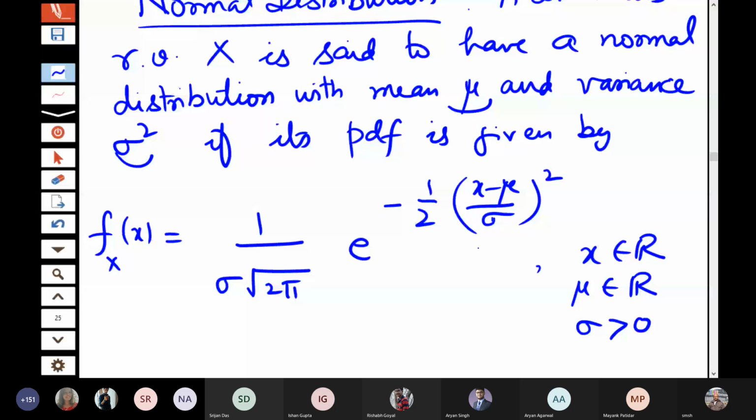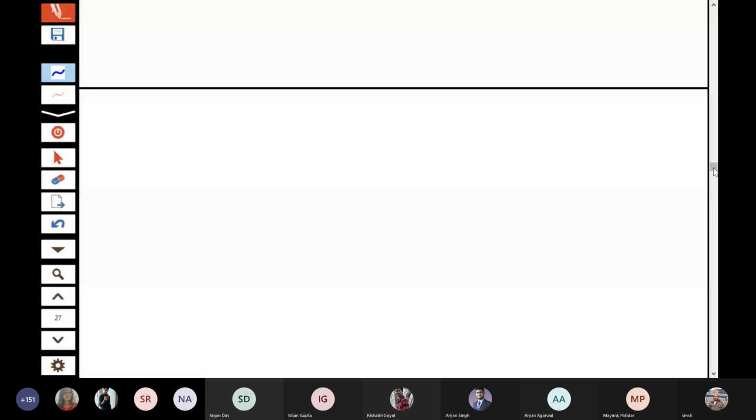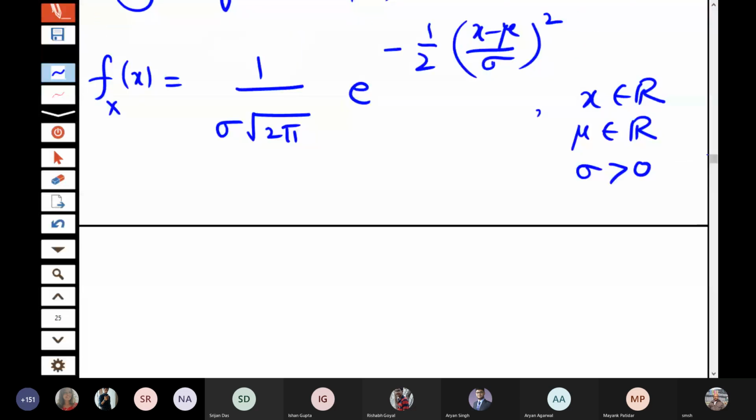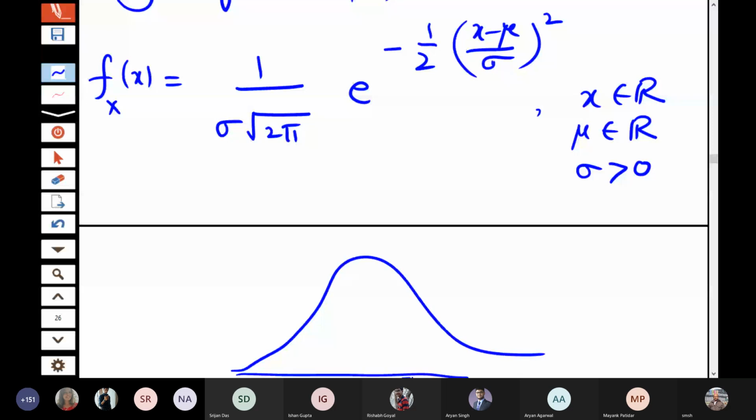So firstly, we would like to look at the shape of this. Easily you can see that it is symmetric about mu.